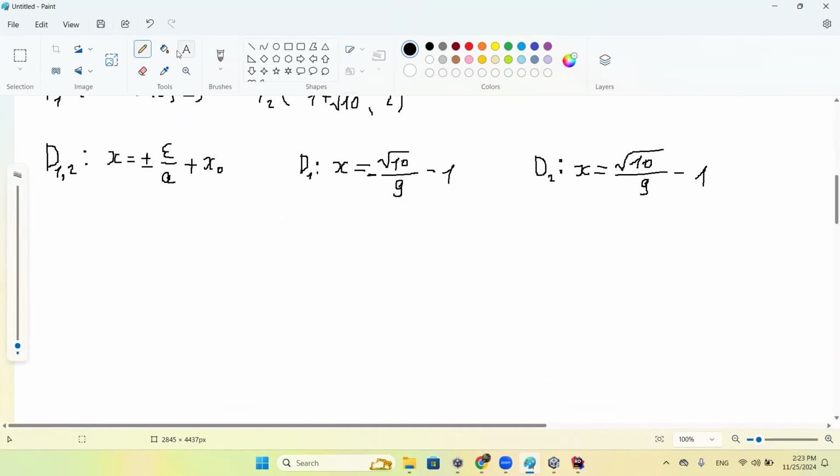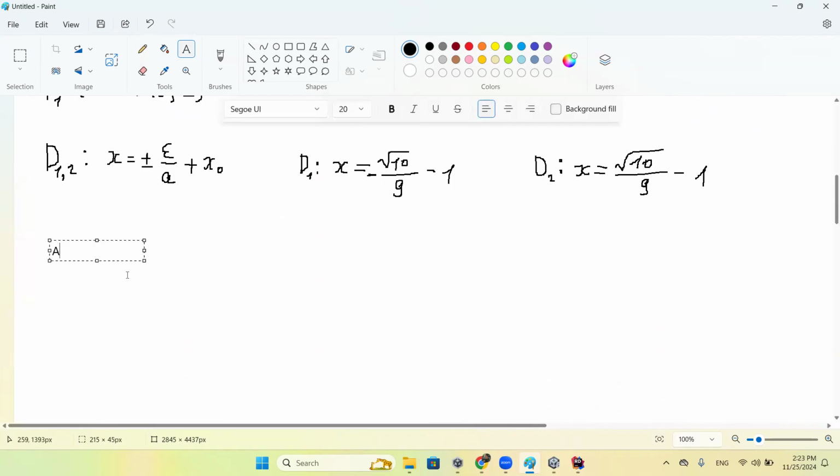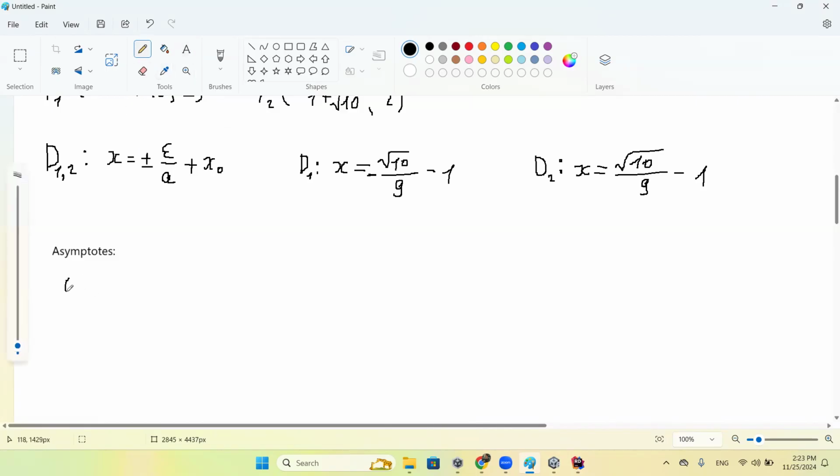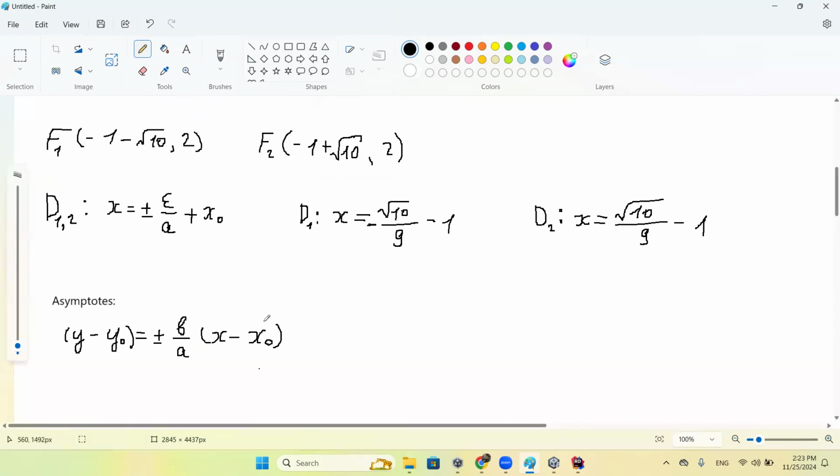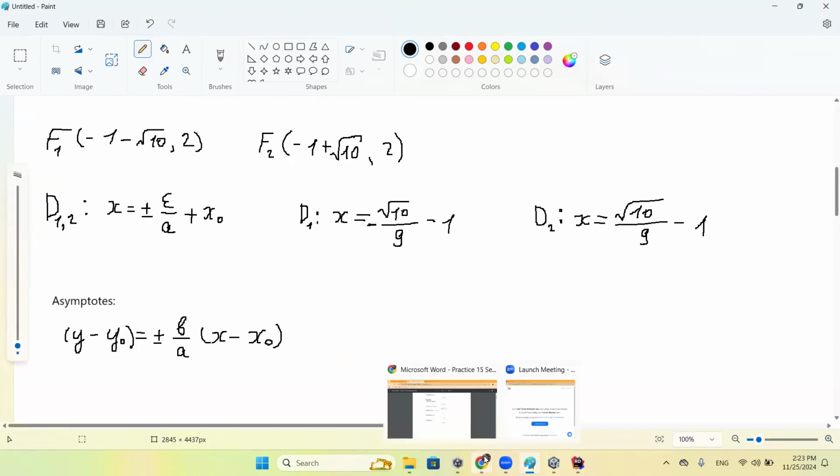So the asymptotes are the following: y minus y0 equals plus minus b by a times x minus x0. So we need to subtract the coordinates of the center, so take it into consideration.